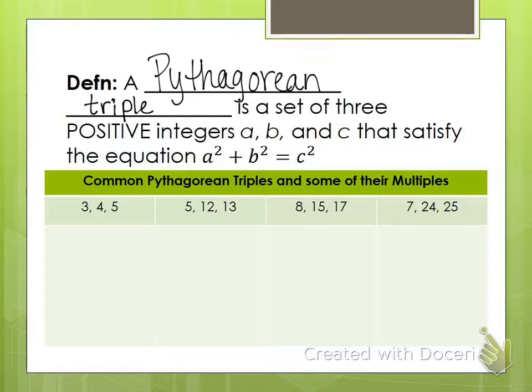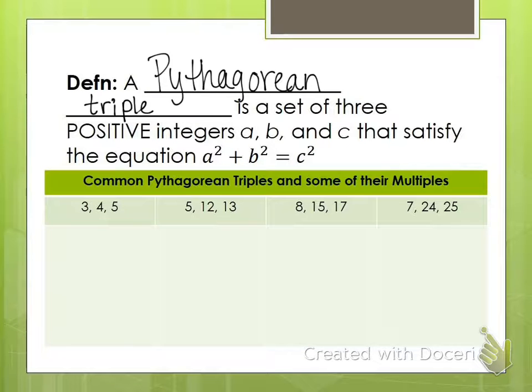So what this means is that you don't end up with any radicals that you would have to simplify. You wouldn't end up with any decimals, things like that. They're all just integers. So some of the common ones are listed, and then below we have space to write some of their multiples.